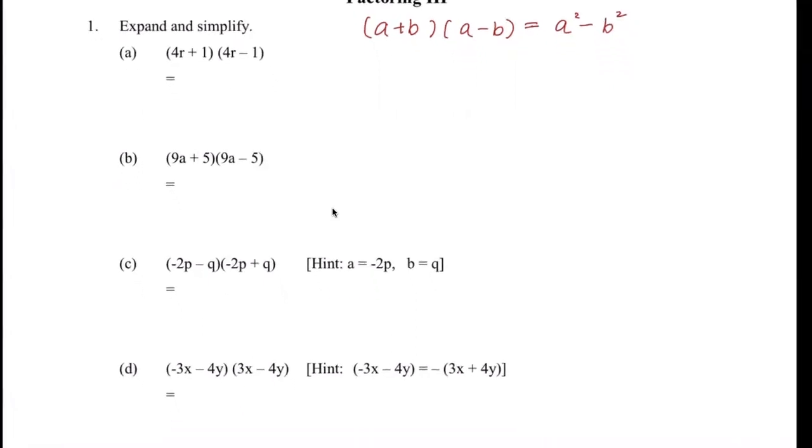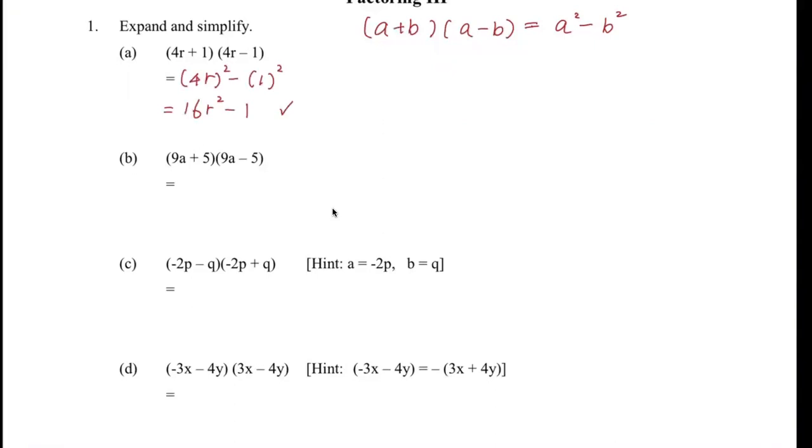So if we use the formula, question a should be 4r squared minus 1 squared. 4r squared is 16r squared, minus 1. So this is the final answer for question 1.